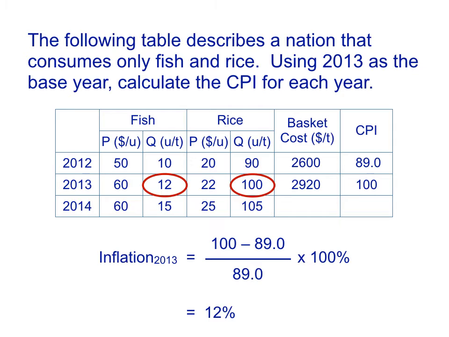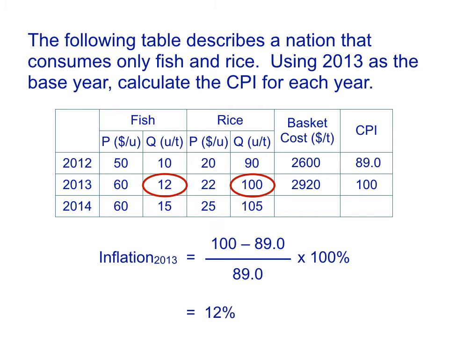Or, if you recall from our percentage change calculations, many of you will probably just take 100 divided by 89. This will give you a value of 1.12, which you know is equivalent to a 12% increase.